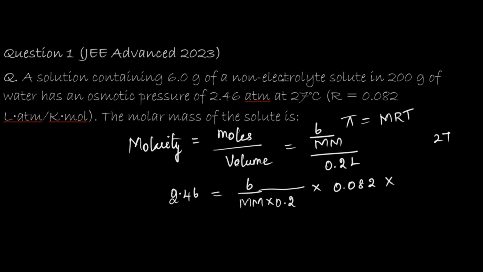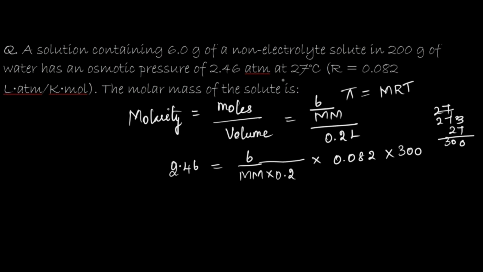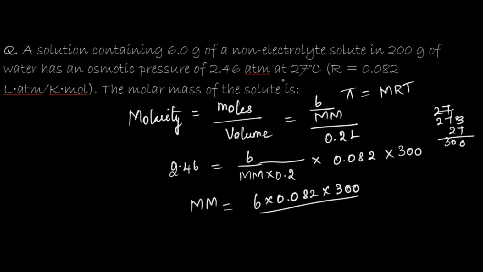So 27 plus 273.15, I'm taking that as 273 plus 27, which becomes 300. So overall the molar mass is equal to 300 divided by 2.46 into 0.2. After doing the calculation, you will end up with 180 gram per mole. So that is the molar mass. You can expect the same kind of question with other colligative properties as well.